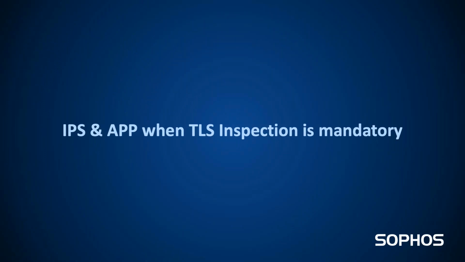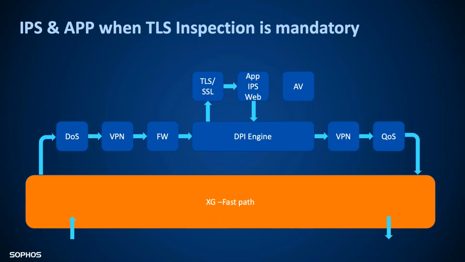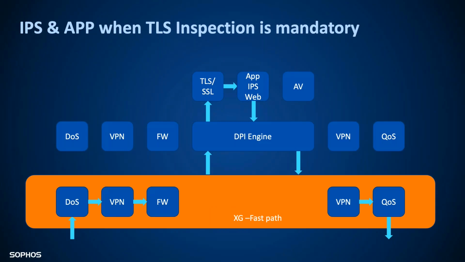Now this example is really important because TLS inspection is mandatory. The initial connection flows through all the data path components: traffic is submitted to the DPI engine, TLS is in place, and app control is detecting the applications. In the first step, the flow gets classified and goes to the FastPath, and the traffic now gets submitted to the TLS engine, because it has a valid TLS component.